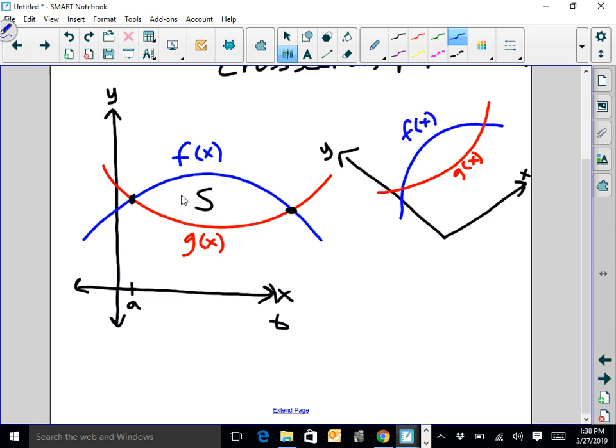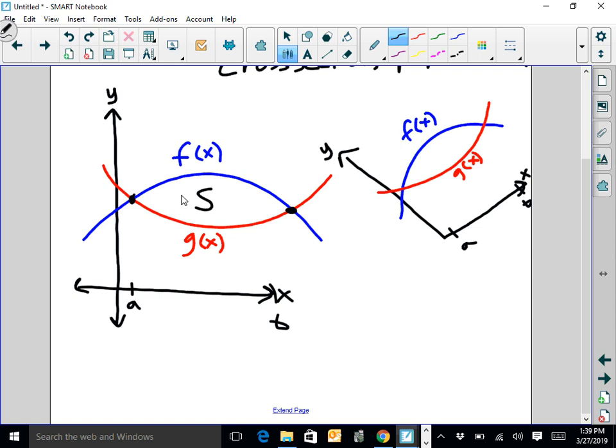Here is A, here is B. This region S is the base of the solid.